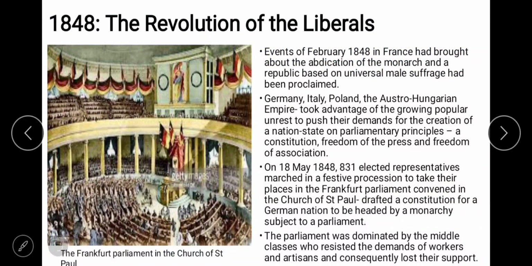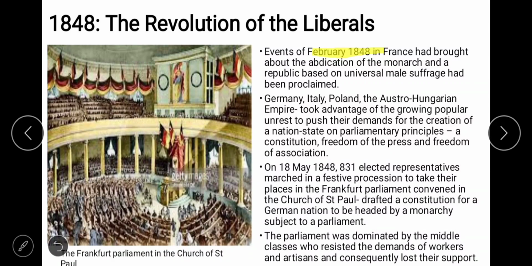In 1848, parallel to the revolts of the poor, unemployed and starving peasants and workers in many European countries, a revolution led by the educated middle classes was underway. The events of February 1848 in France brought about the abdication of the monarch and a republic based on universal male suffrage.